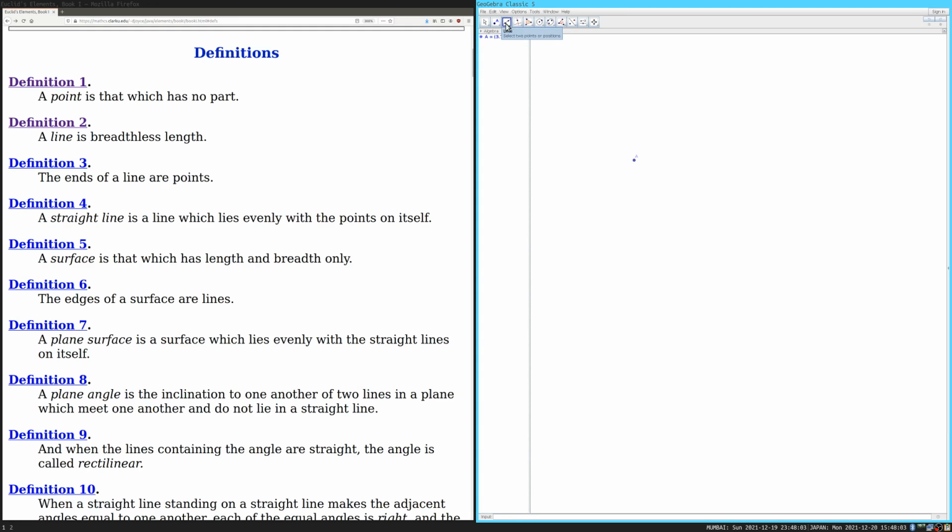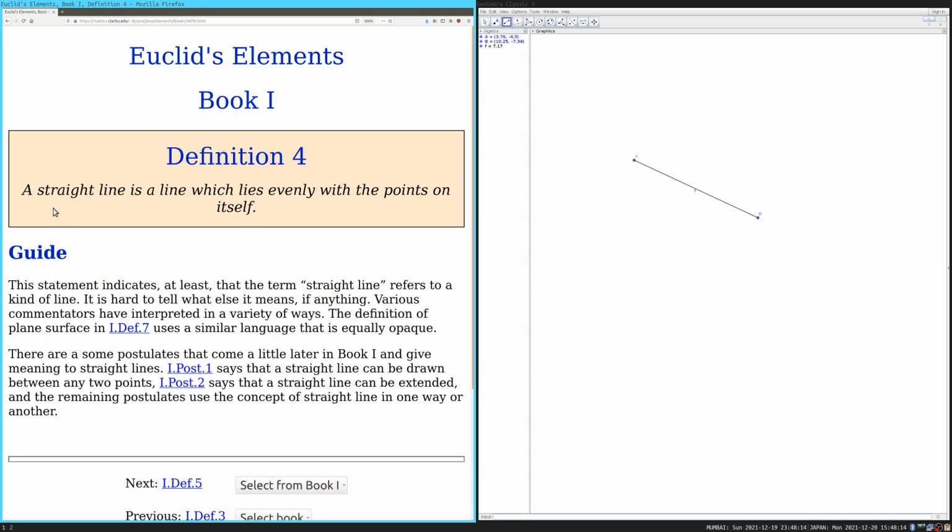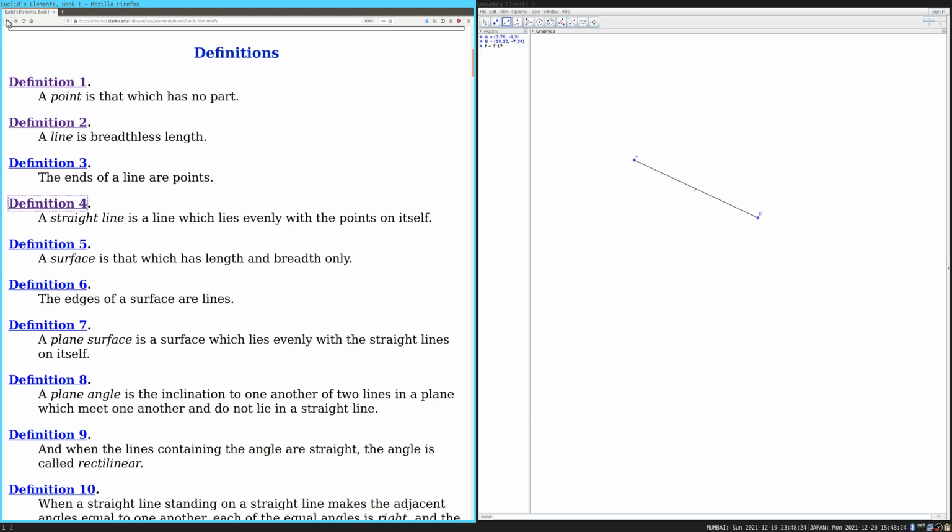Okay, a straight line lies evenly. That's unusual. Anyway, today we talk about a line segment. Okay, that's I think what he means by a straight line. Right, we can extend a straight line. That's interesting. Okay.